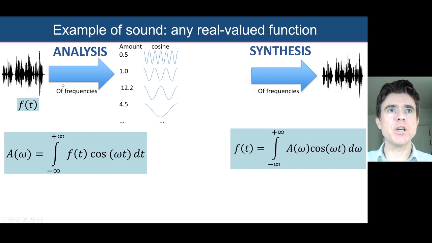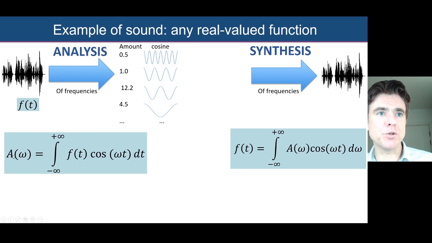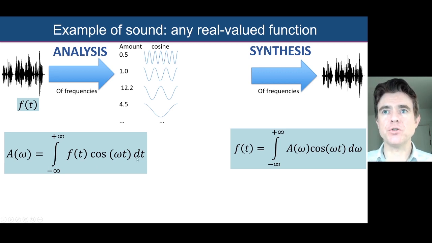Okay, so here we are again with our 1D function being analysed into certain amounts of each frequency component, the cosine frequencies, and we know we can do the synthesis of that function. And in fact, this would only be true if this is a real even function, but where we're going now by adding on the sines is to make this true for any real valued function. We know that we can do the synthesis here by summing over all the cosine frequencies with various amounts A, and we'd have found those various amounts A just by doing this simplistic multiplication and integration.